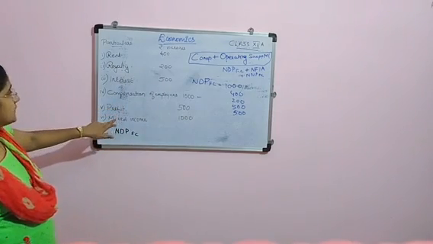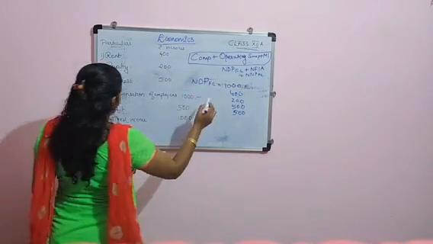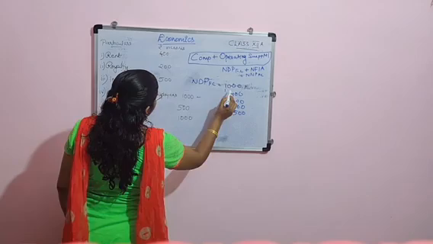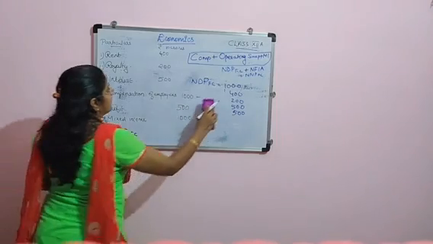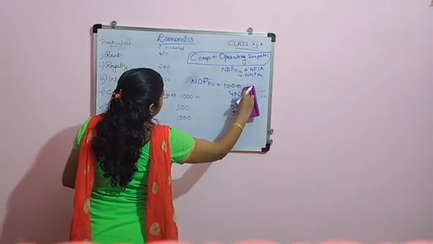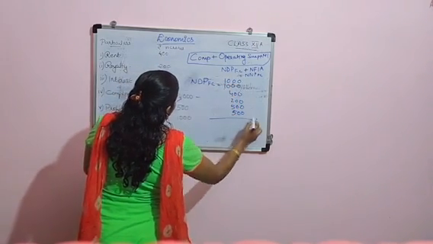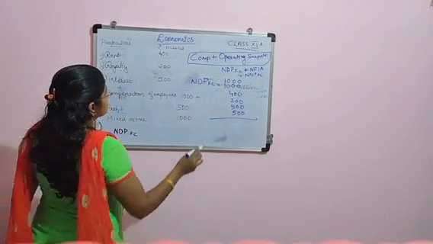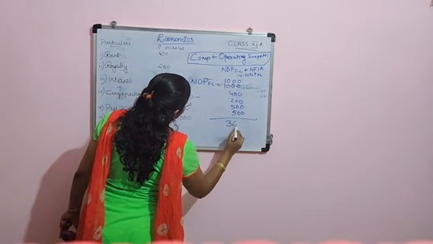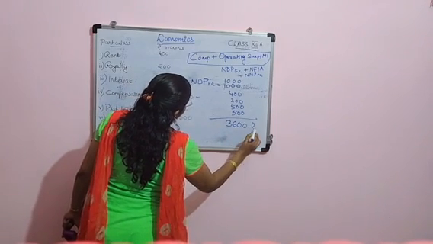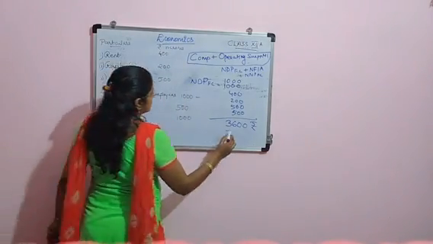Then the next one is mixed income, which is 1000. It is given, so we add that also. When we add, 2000, 3000, 3600. So 3600 crore is the NDPFC. It will be the answer.